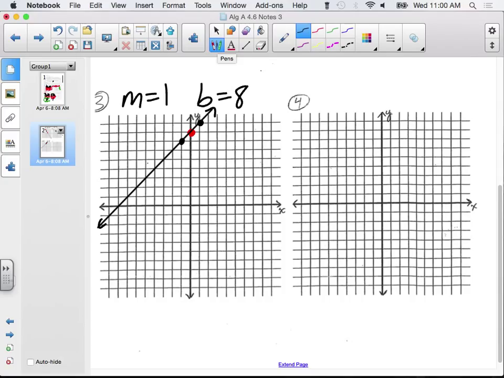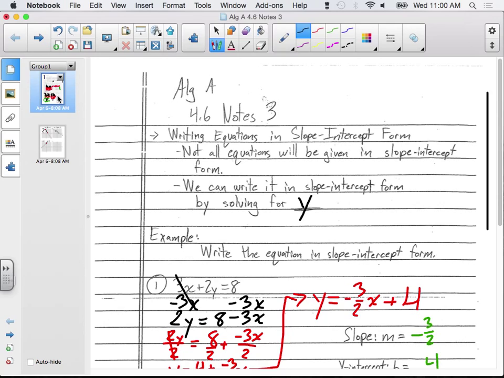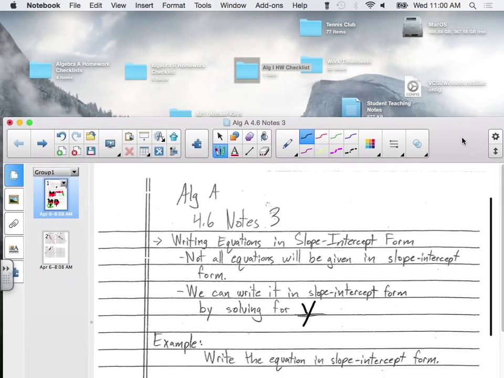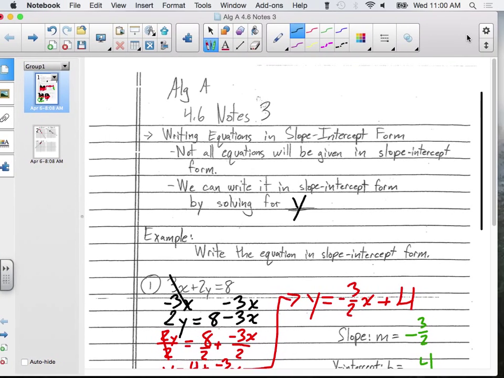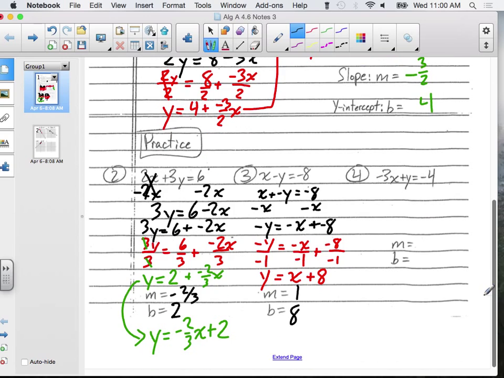All right, now, number 4 is our last one. So, to get y by itself, what do we do on number 4? Add 3x to the other side?